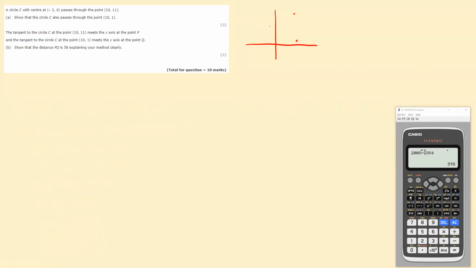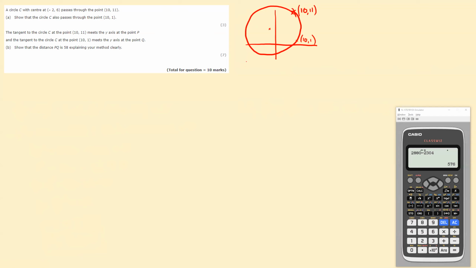It should be right in the middle, shouldn't it? And we want that circle to continue all the way around and back up and through. So here we've got (10, 11), and over here we've got (10, 1). That'll do. It's not the greatest of sketches, but it'll do for now.